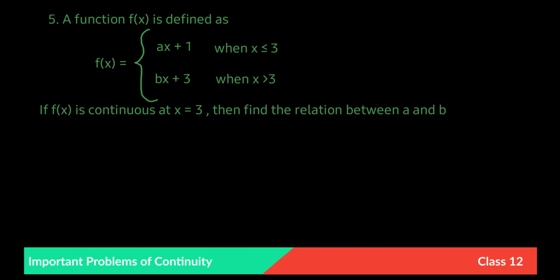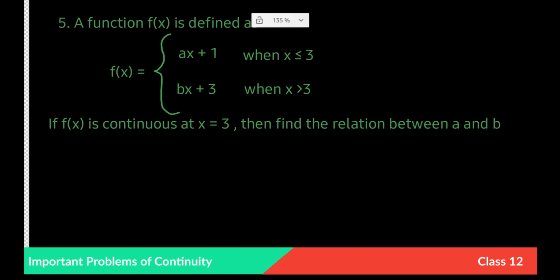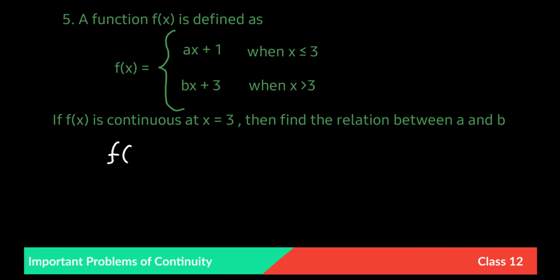Now it is said if f of x is continuous at x equals to 3, then find the relation between a and b. Now here, what is f of 3? Since x is less than equal to 3, we will take this function, that means f of 3 will be 3a plus 1, which is a finite quantity.